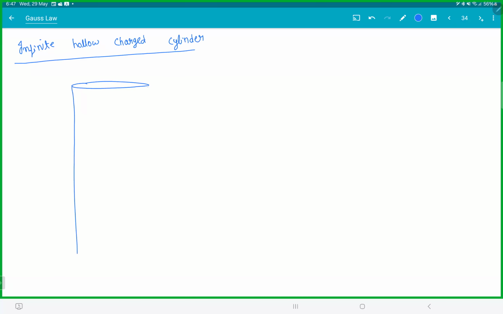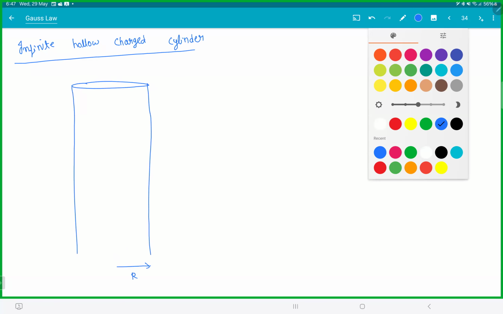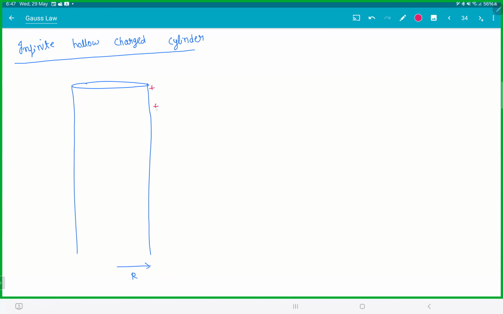So you have taken an infinitely long cylinder whose radius is R. It has a charge on the surface. Let's call it sigma. So I want to find the field inside and outside. So this is what we do.